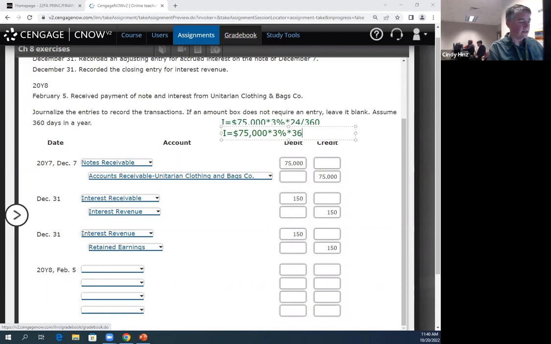So how many more days? 36. And so the interest that we earn from January 1st to February 5th is what we're calculating now. And that would be $225. Just going to make a note of that here.